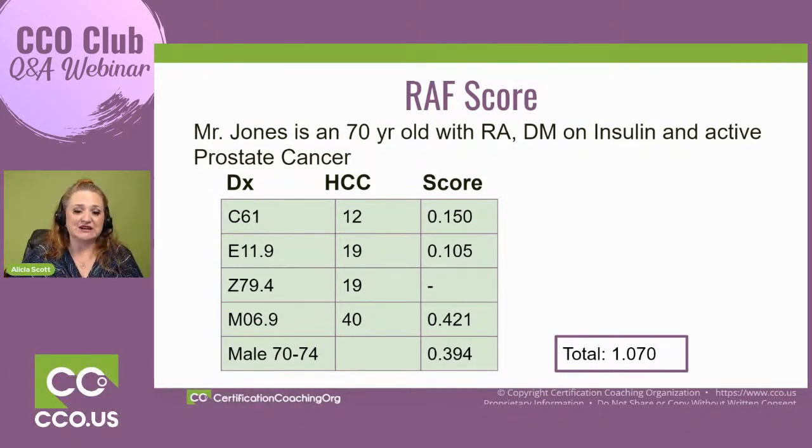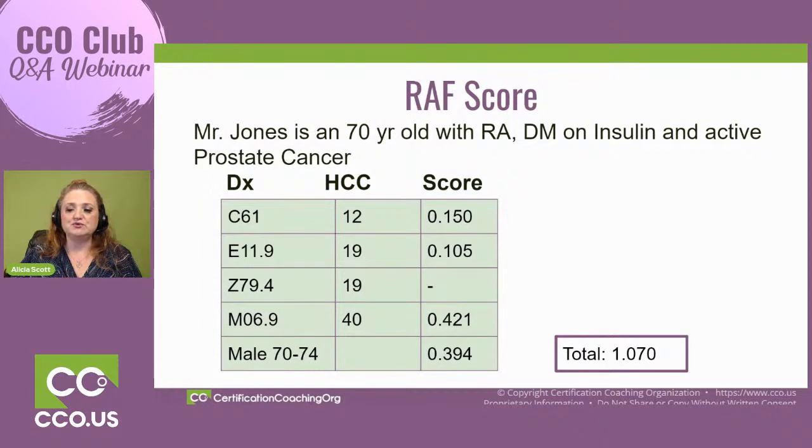In other words, he's a sicker patient. His care is more complex, the severity is higher, and the medical decision making is higher for that provider. And therefore, they're banking off of how much money we need to set aside. So they're going to put more money away to save for Mr. Jones and for his care versus Mrs. Jones, who has a lower RAF score.